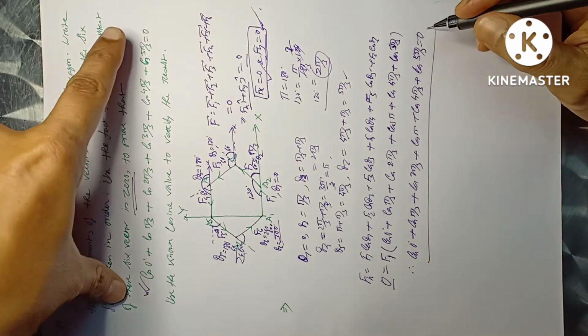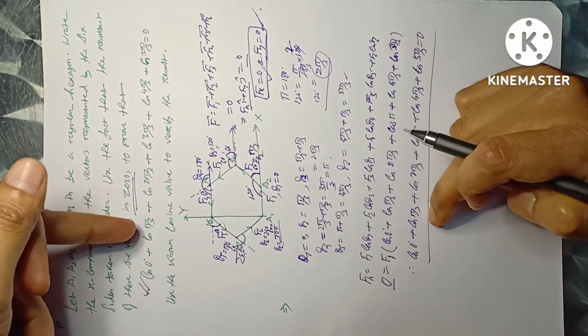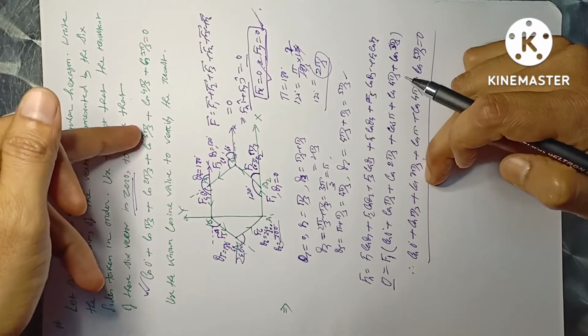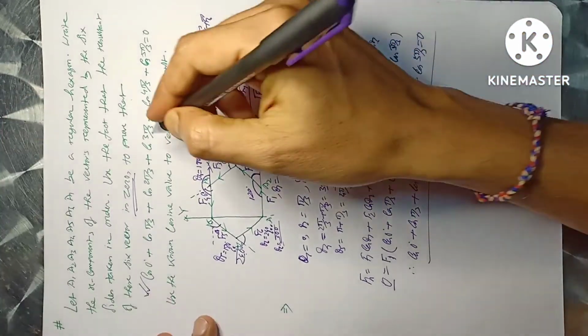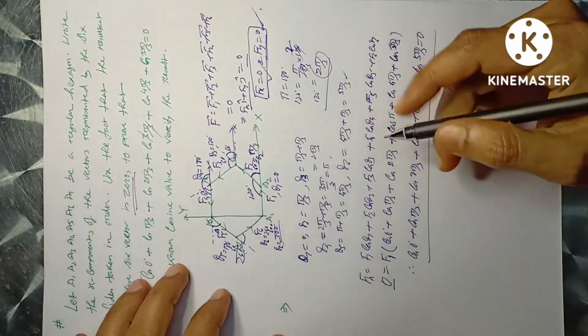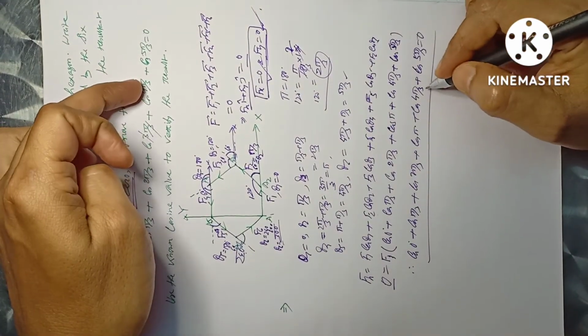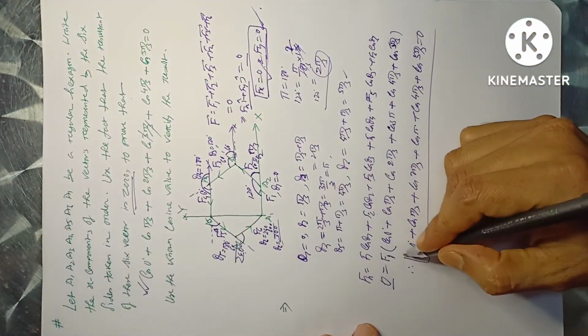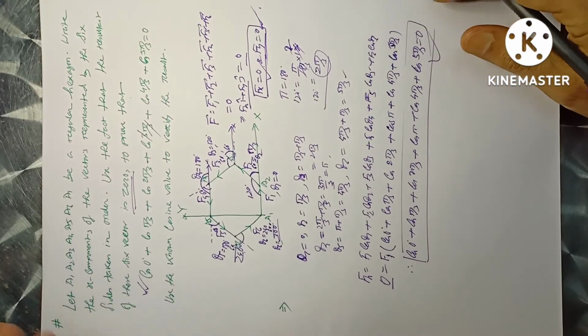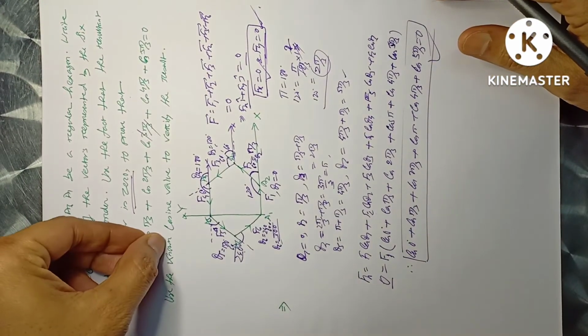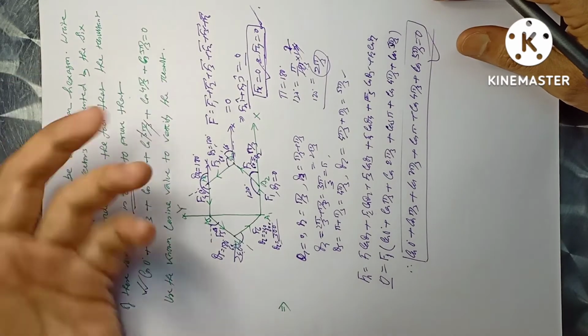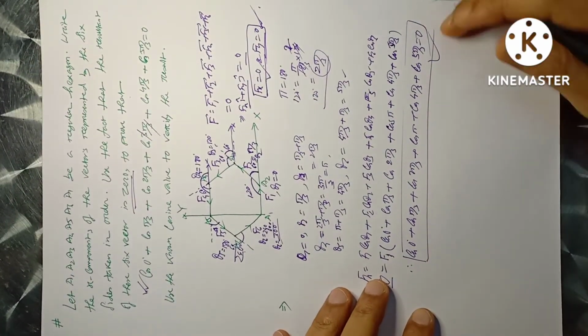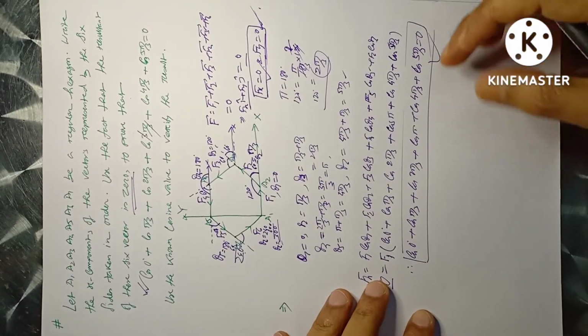This is the proof: cos 0, cos pi by 3, cos 2 pi by 3, cos 3 pi by 3, which means cos pi, cos 4 pi by 3, cos 5 pi by 3. This is hence proved. So in this way, use the known cosine values to verify the result. Just substituting the values, we can get 0.